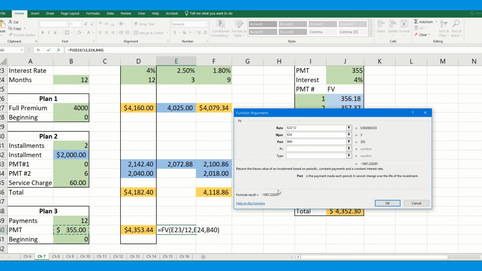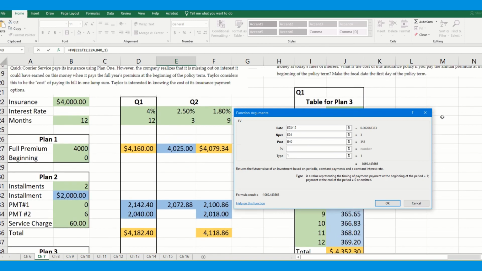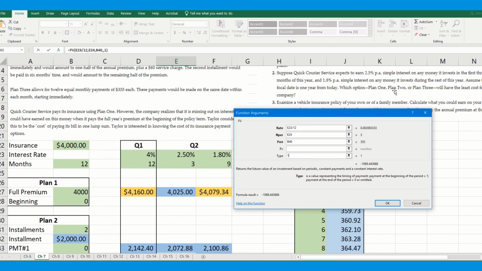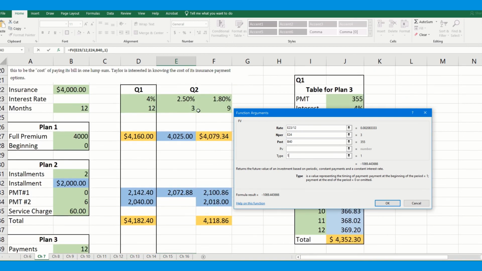So we're putting in our payment. And our payment type is going to be 1 because we're going to have it at the beginning. If I read the question, it says, suppose they expect to earn simple interest in the first 3 months of this year. Okay, yep, that's good. And then we'll just say okay.